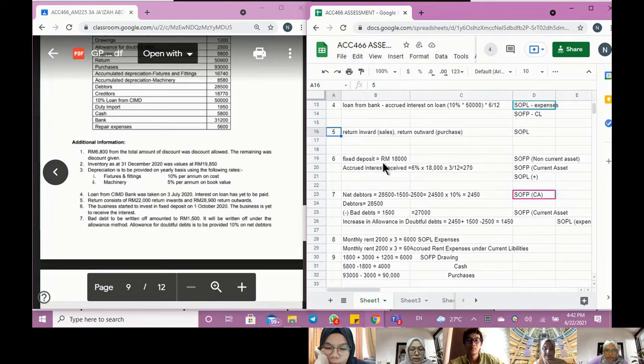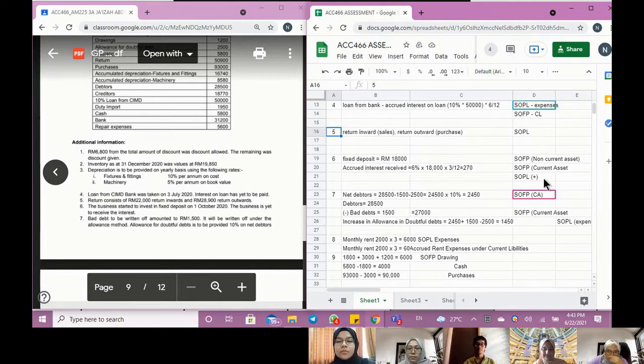And also, since it is not yet received, it will affect the statement of financial position for the accrued interest received under current asset, and also revenue under the statement of profit or loss.